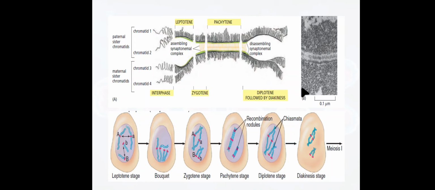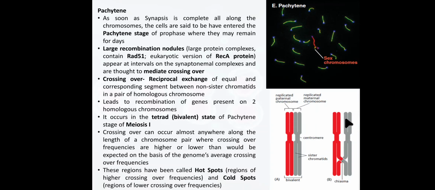After synapsis is completed, the cells are said to have entered the pachytene stage of prophase, where they remain for many days. At this stage, there are large recombination nodules, in which large protein complexes are present, which contain RAD51.